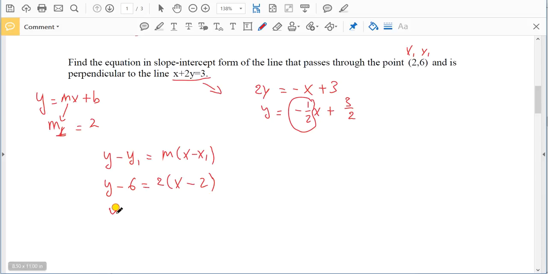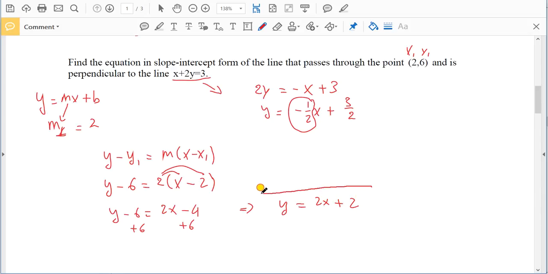Okay, so let's solve for y. 2 times x is 2x, 2 times minus 2 is minus 4, and adding 6 on both sides, y equals 2x plus 2, and this one is in the slope-intercept form, mx plus b.